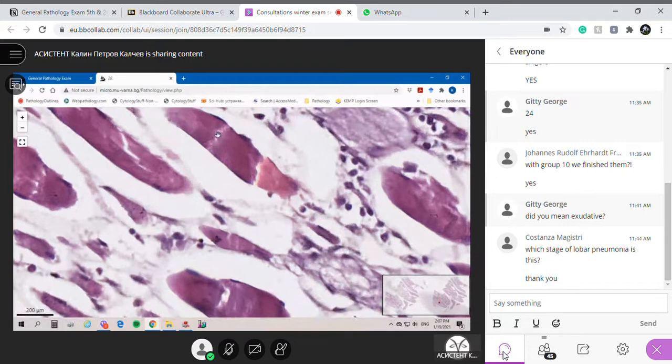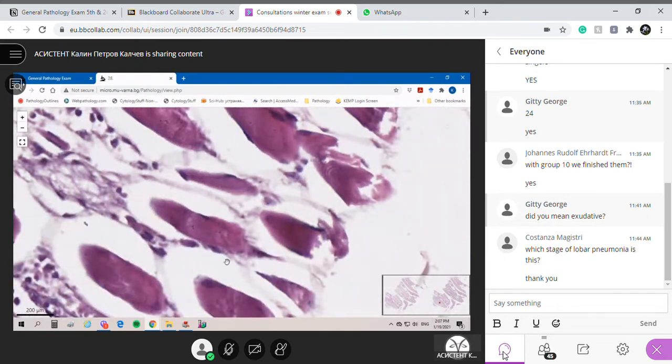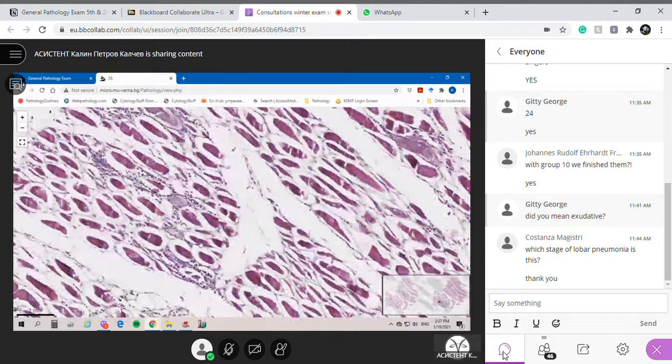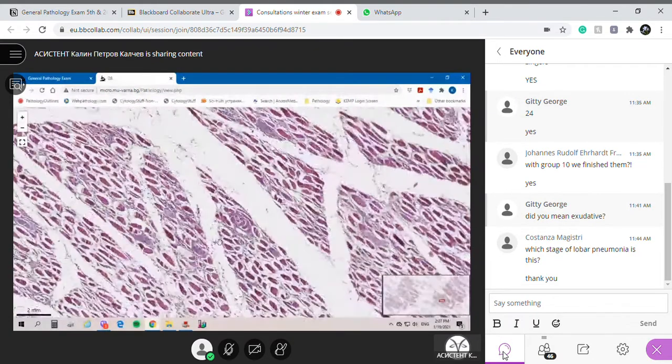Some of those muscle cells have this transversal fine striation, and their nuclei are not located at the center of the cell, but they are multiple, and they are located at the periphery of the cell. Such structure of a muscle with striation and peripheral location of the nuclei we have only in skeletal muscles, and this is how we define that this is a skeletal muscle.